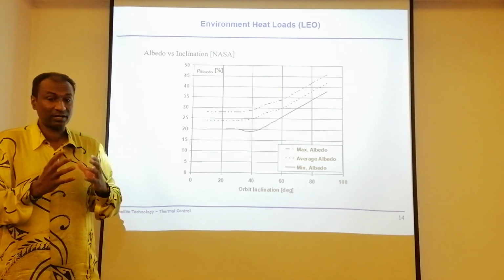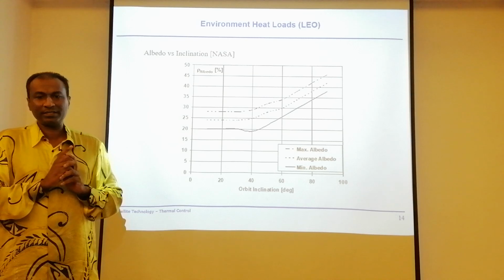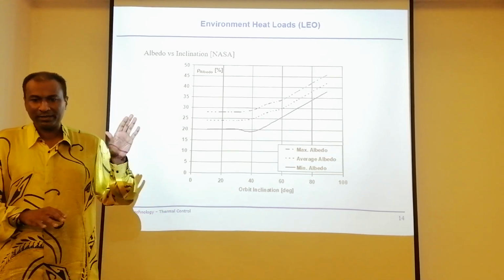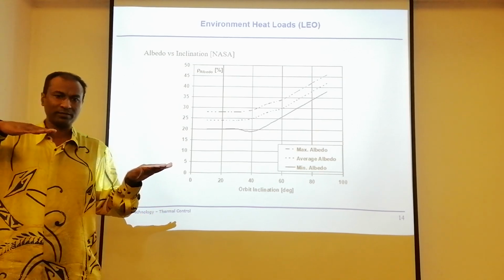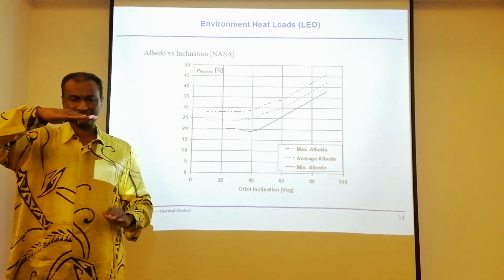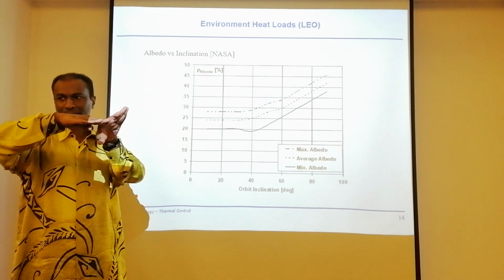You will try to design an orbit with respect to the equatorial plane. So what I'm saying is that the equatorial plane of planet Earth is tilted about 23.4 degrees with respect to the elliptic plane. The elliptic plane belongs to the sun. The equatorial plane belongs to planet Earth.